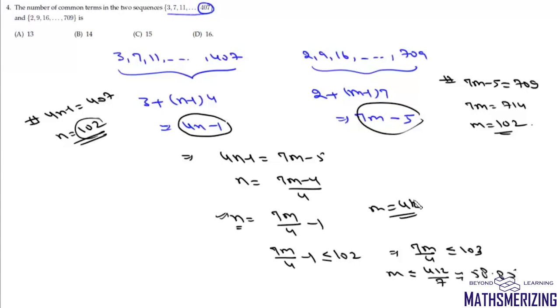So we need all those values of m which are multiples of 4 and less than 58.85. The total number of such multiples will be the greatest integer function of 58.85 divided by 4, which is 14. So the number of possible values of m is 14. So these two sequences have 14 terms in common. So the answer to this question is 14, which is option B.